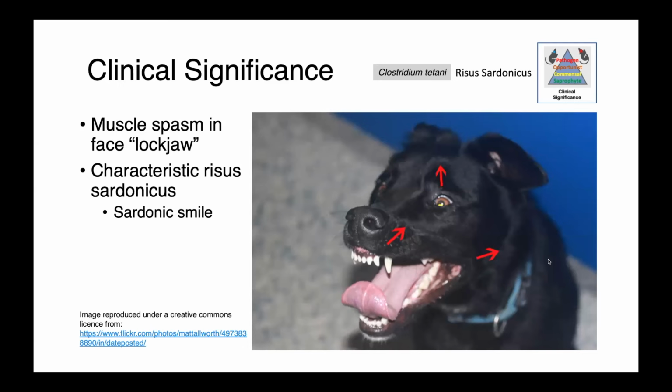So we also see spasm of muscles of the face, and that results in this characteristic sardonic smile or risus sardonicus, where the patient, including our veterinary species, sort of appears to be smiling. And you can see how the muscles on the face of this dog are affected. He almost has this sort of snarling appearance, and his eyes are very widely open.